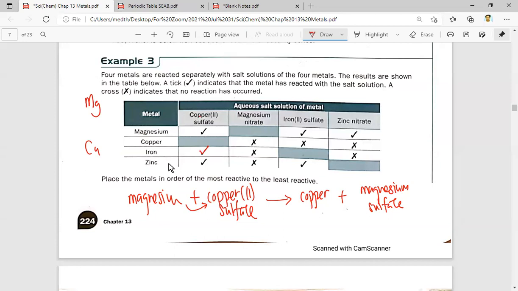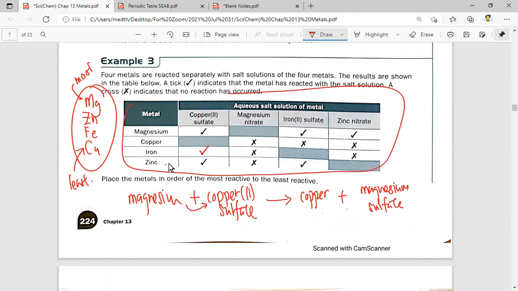So what does it tell me in terms of the reactivity of zinc and iron? If zinc can kick iron out, that means zinc is more reactive. So zinc must definitely be above iron. As such, this is the order of the reactivity series, magnesium being the most reactive, copper being the least reactive.